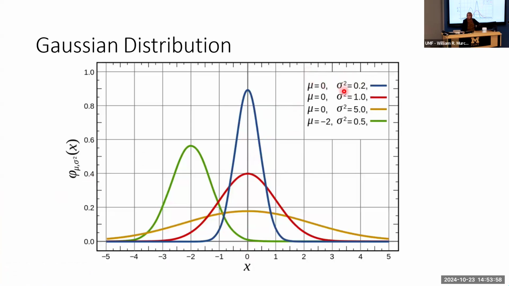Now, sigma squared is the variance, and sigma is the standard deviation, okay? Sigma squared, power 2, means variance, which represents the width of the distribution.